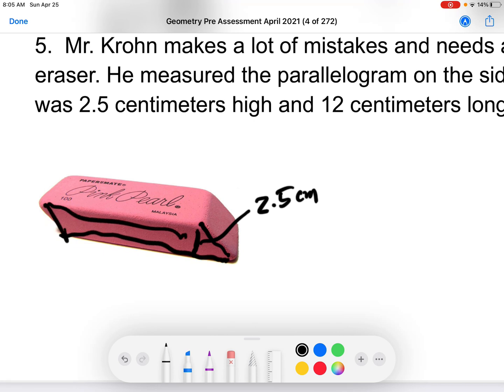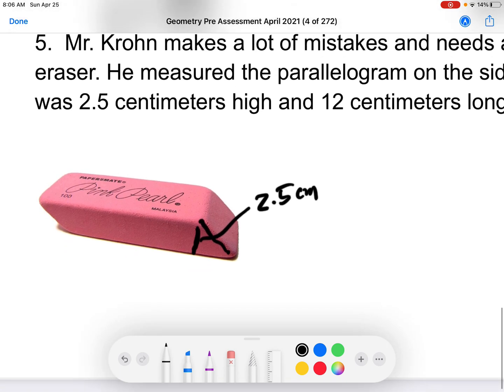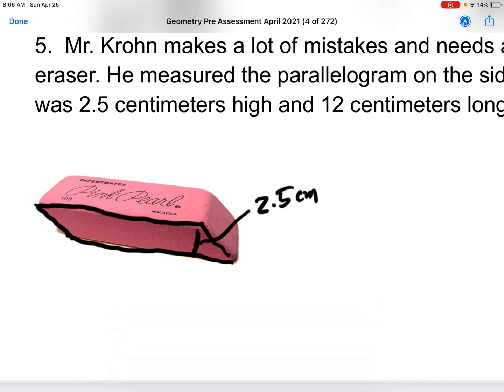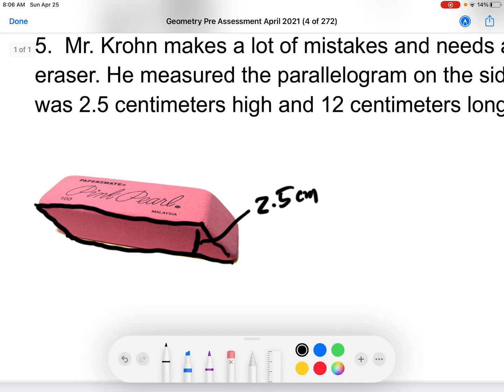I'm kind of sitting funny here, and so it makes it really hard to make nice straight lines on here. So there, maybe it's easier now to see the parallelogram on the side. So it's 2.5 centimeters high and 12 centimeters long.